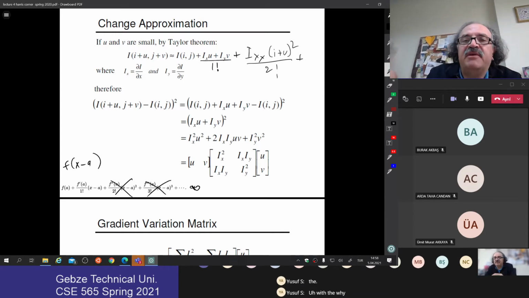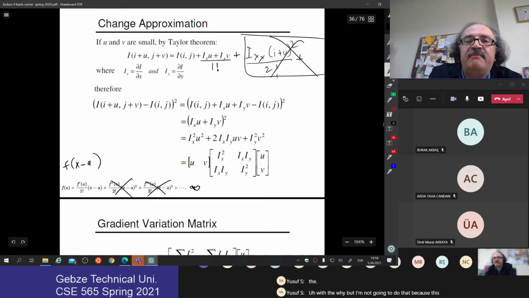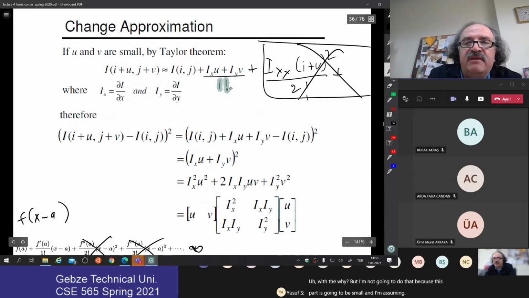But I am not going to do that because this part is going to be small and I am assuming I can ignore it.